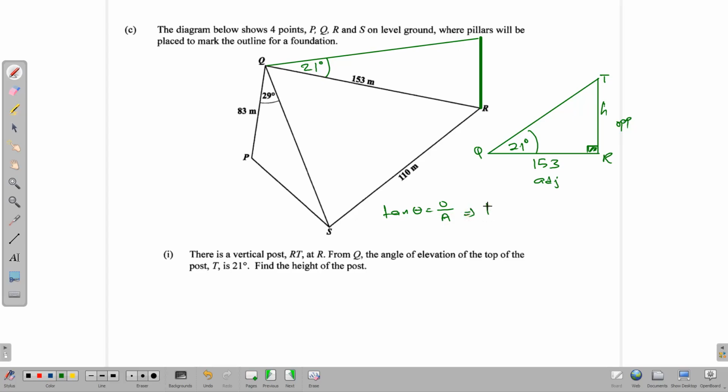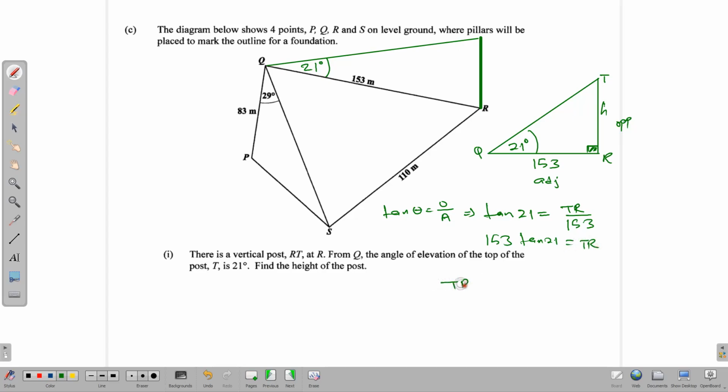And so we can write it as tangent of 21 is equal to TR, which is the height of the post, divided by 153. Once we do that, we can quickly cross multiply it and write 153 times the tangent of 21, and that would give us TR.